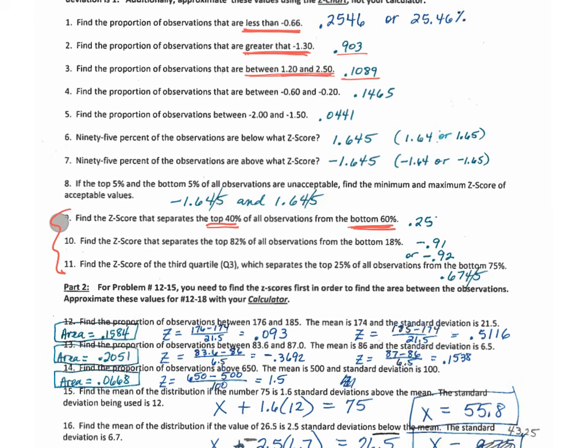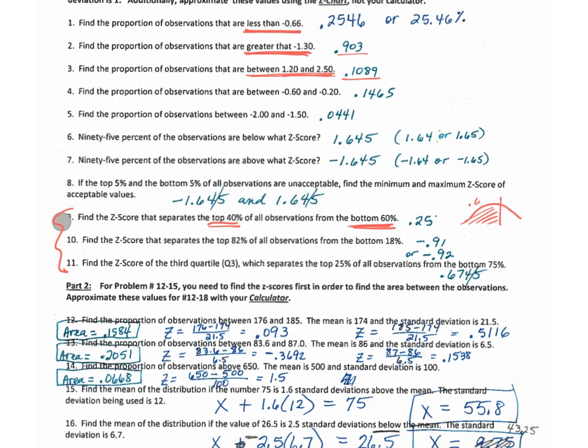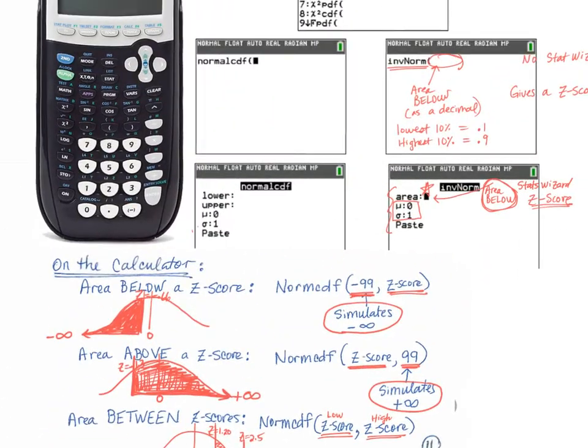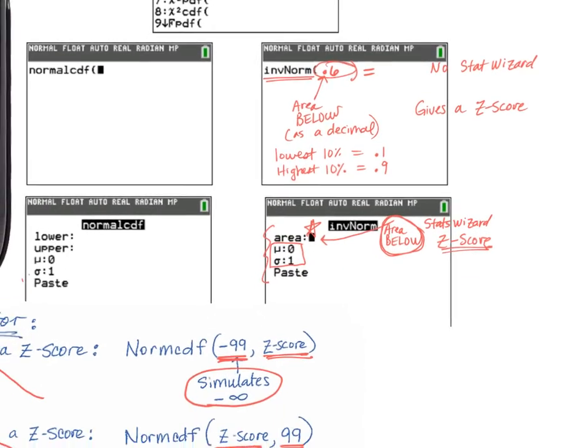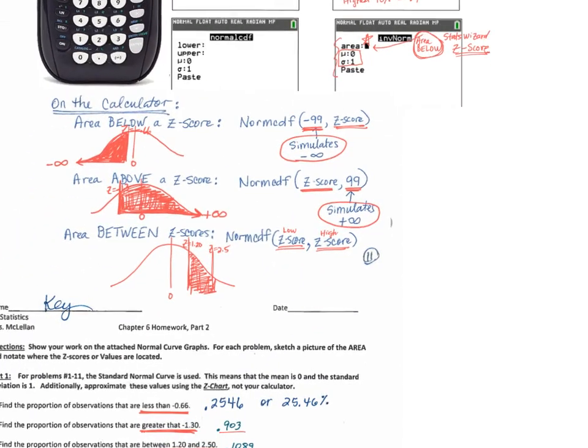Of course, when you were looking at your picture, it was somewhere in this vicinity because this area here was 0.6. So your area below is 0.6. If you typed in inverse norm of 0.6, that would give you the z-score at that spot, which was 0.25.